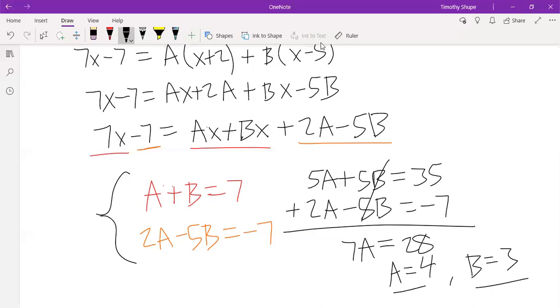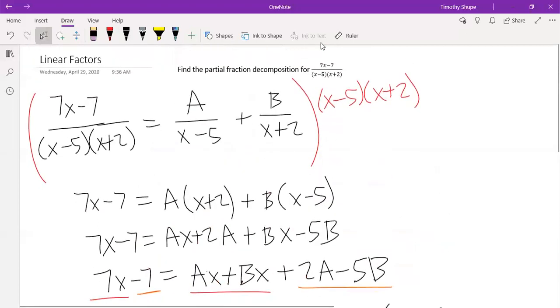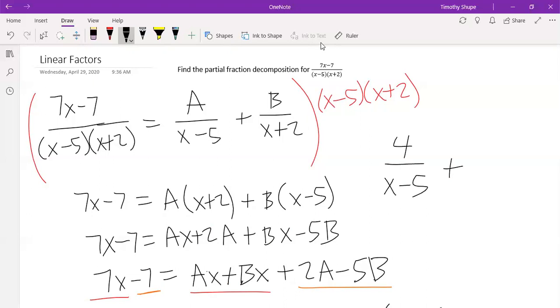What good does that do me? Well, let's look back at the original fractions we had up here. I had these two fractions with an a and a b in the numerator. So if a is 4, my answer here is 4 divided by x minus 5, plus the b value was 3, so 3 divided by x plus 2.